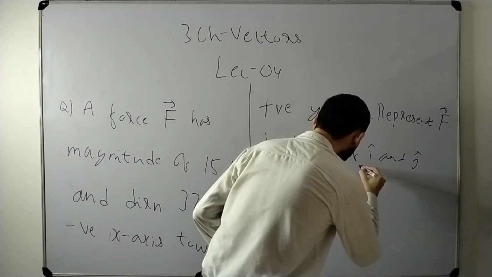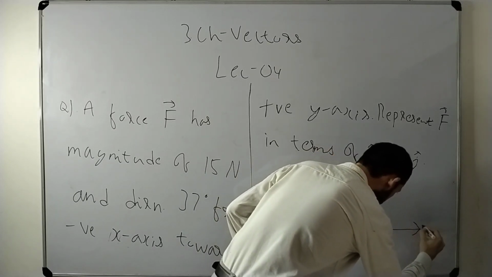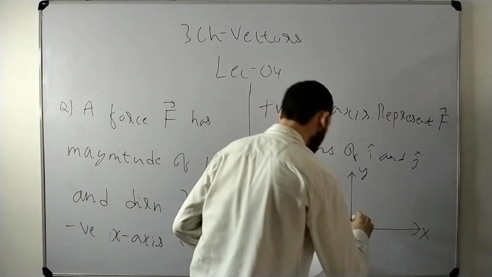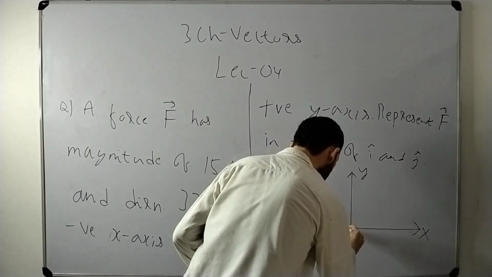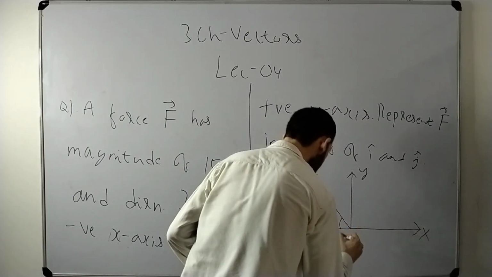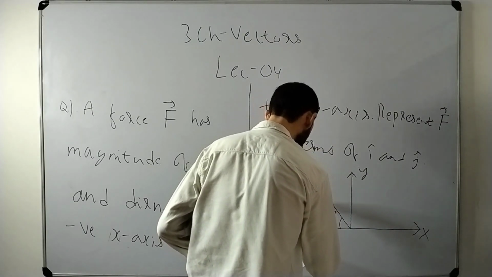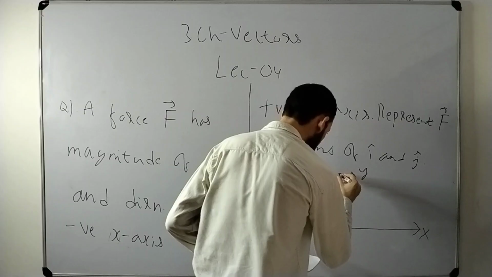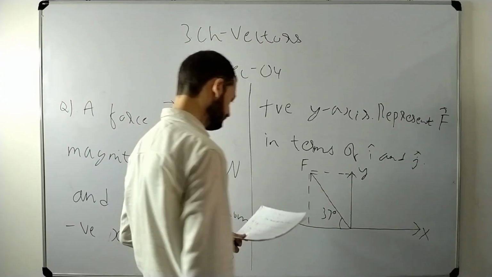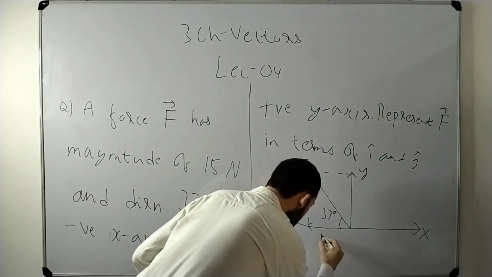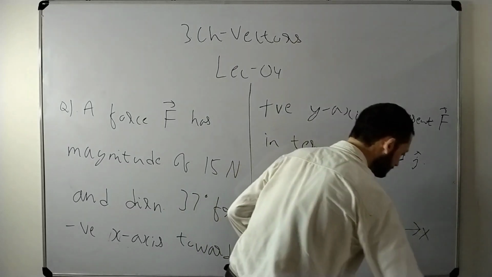This is the x-axis. And this is the force being applied, 37 degree. So this becomes the perpendicular component and this becomes the base component. So I would write Fx and this is Fy, right students?